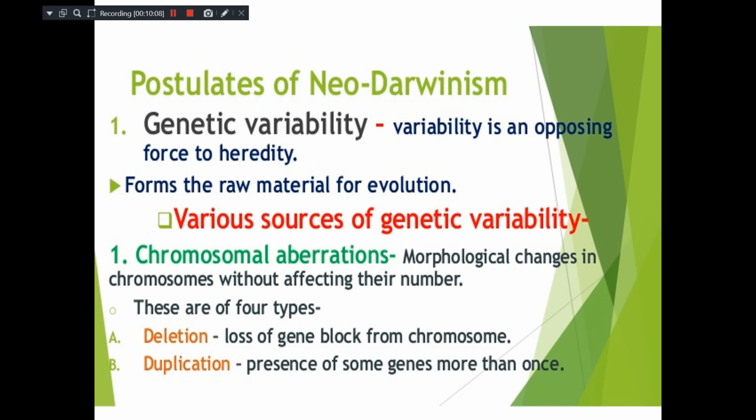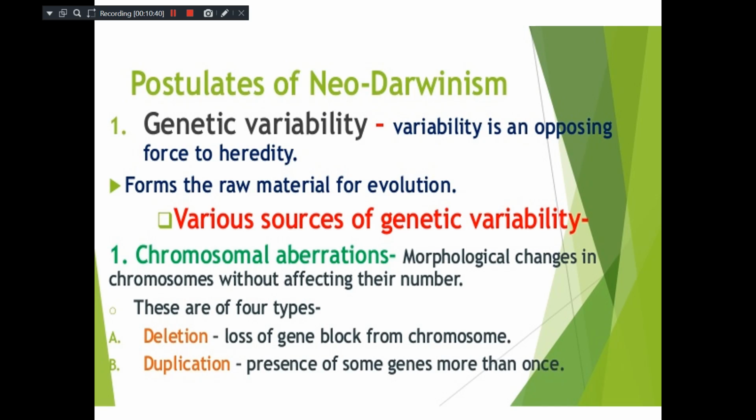Genetic variability, all of you know that: the number of varieties or strains because of the genes. It's an opposing force to heredity. And all of us know, even neo-Darwinists know, that this genetic variability is a tool for evolution, a raw material for evolution.